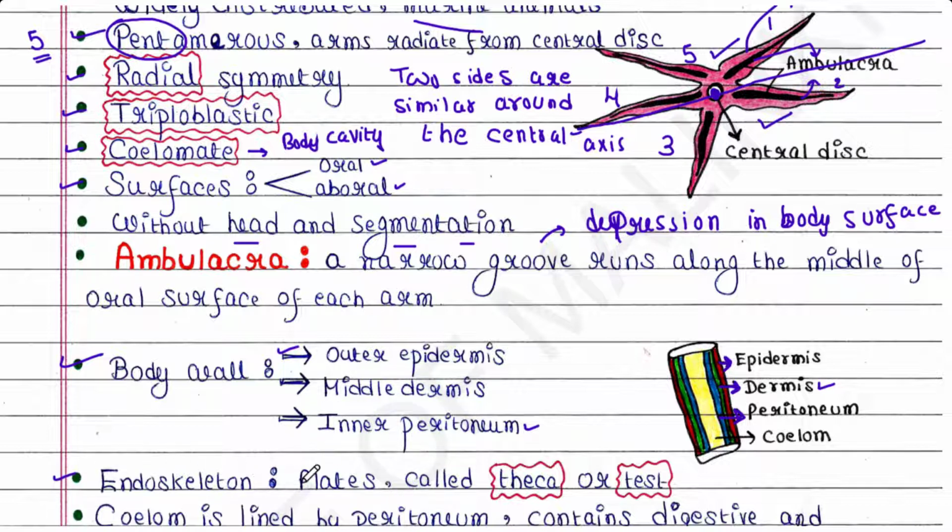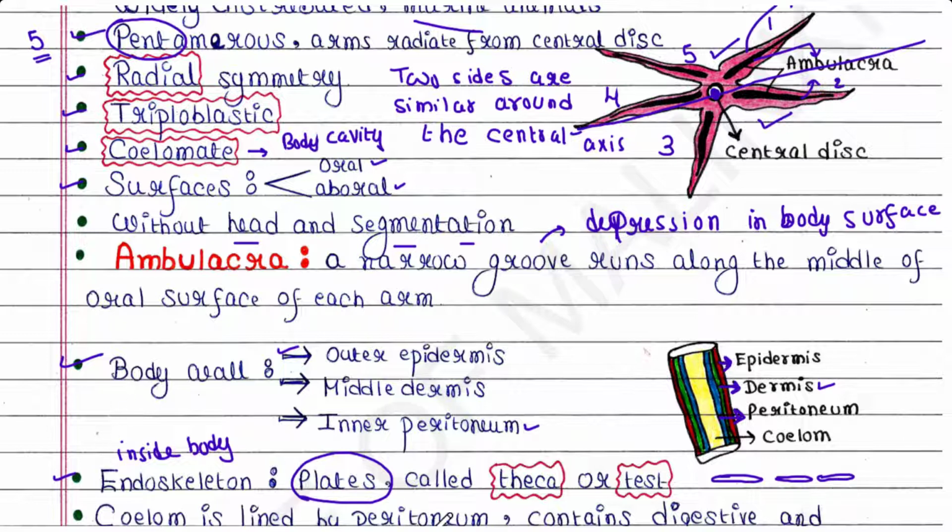Endoskeleton they have, that means the skeleton that is present inside their body. So endoskeleton contains some plates. Those plates are called theca or test. So endoskeletons are like plates which are present inside the body.